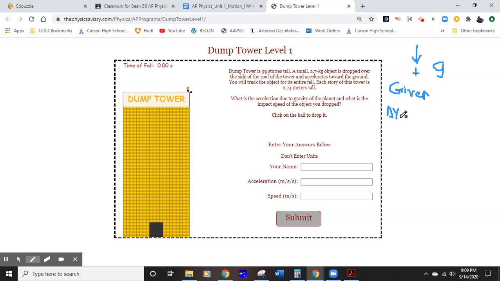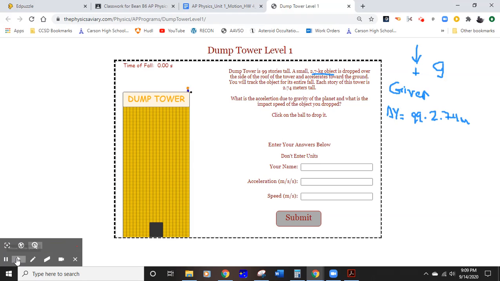There are 99 stories, so 99 times 2.74 meters in height for each story. This will get us our delta y. The mass is 2.7 kilograms, though I'm not sure if we need that right now or not.